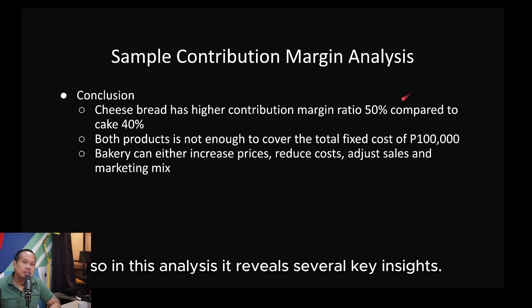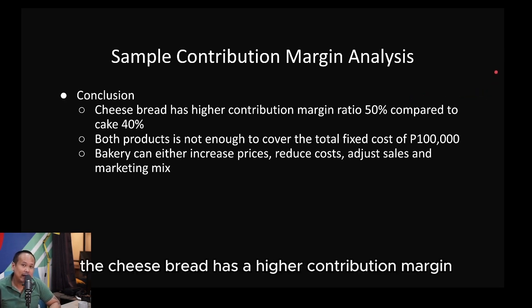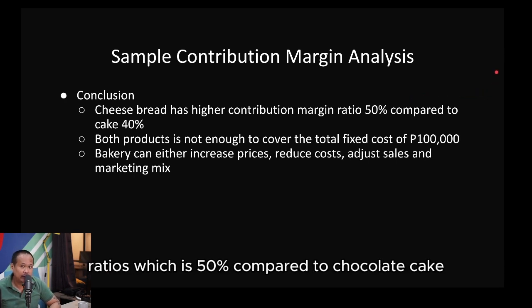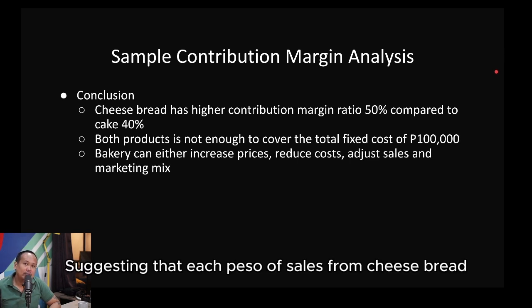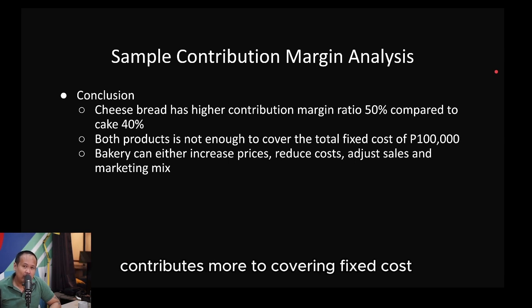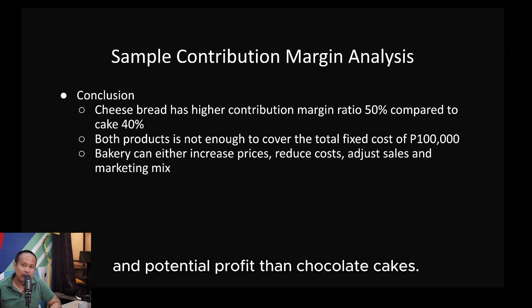Alright, so this analysis reveals several key insights. Number one, the cheese bread has a higher contribution margin ratio, which is 50% compared to chocolate cake, which is 40%, suggesting that each peso of sales from cheese bread contributes more to covering fixed costs and potential profit than chocolate cakes.